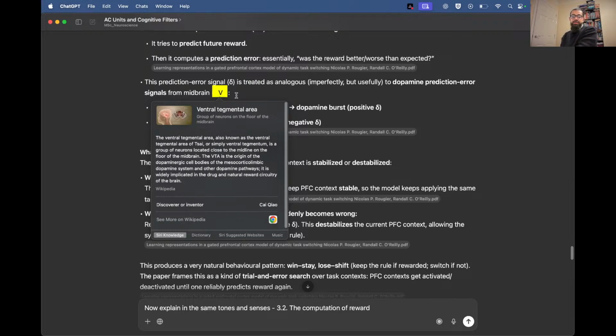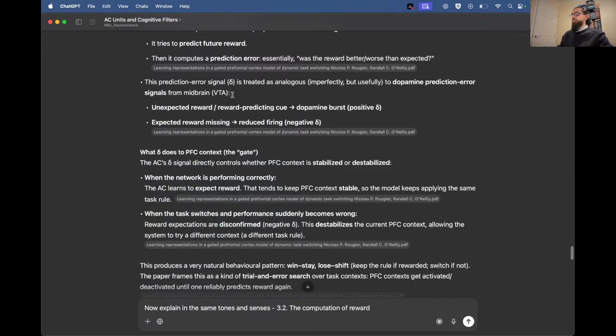It is widely implicated in drug and natural reward circuitry.